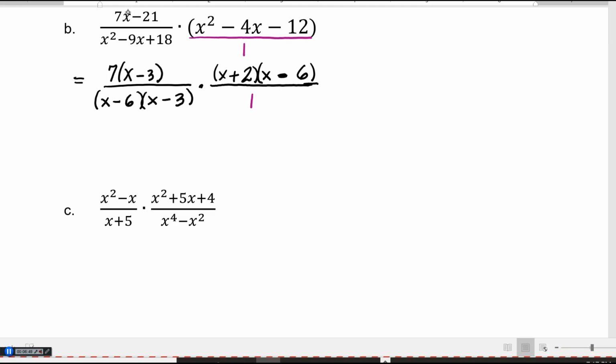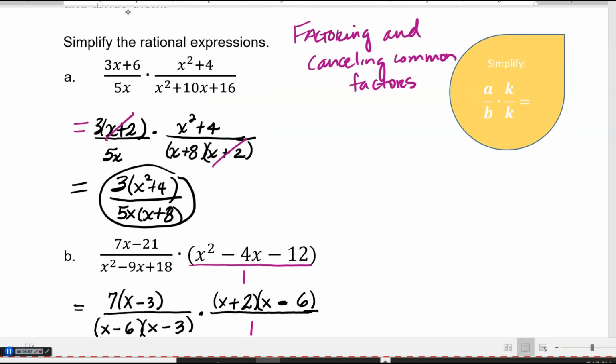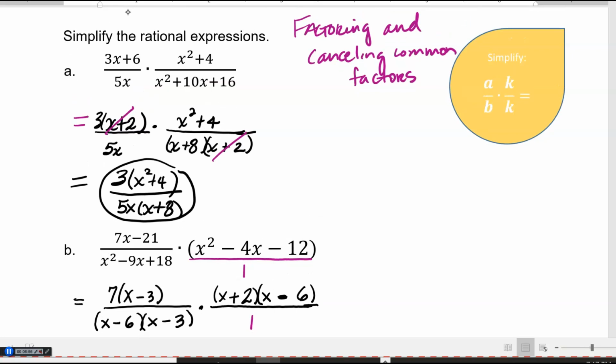Now, what do you see that can be canceled? That's the main reason why I have this little bubble over here. You were probably wondering, this is multiplication, right? And a lot of people think that you can only cross cancel, but that's not true, because notice that we have a k over k situation here. If the common factor is vertical and not diagonal, it still cancels out, right?